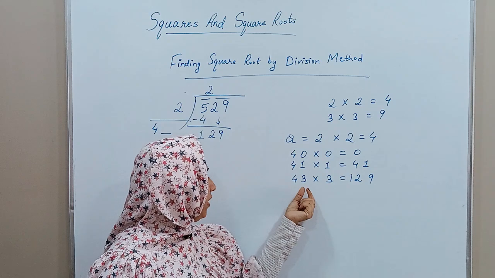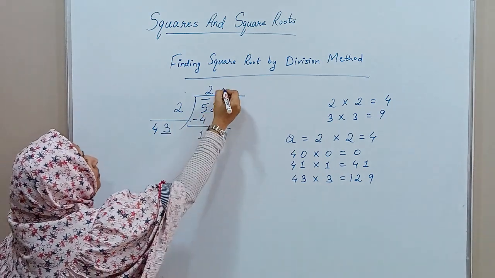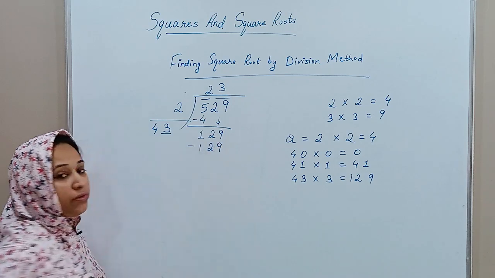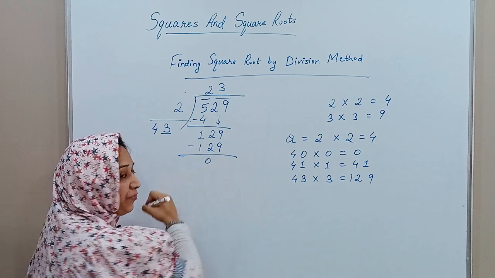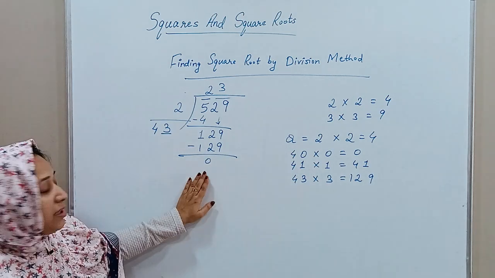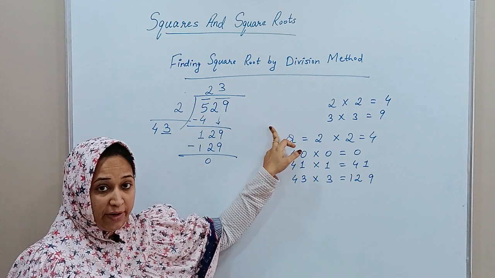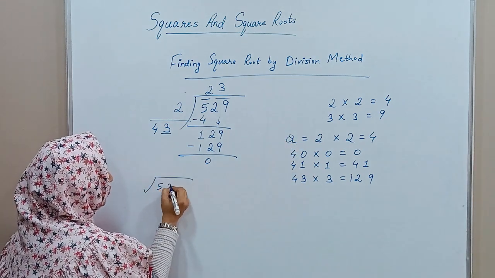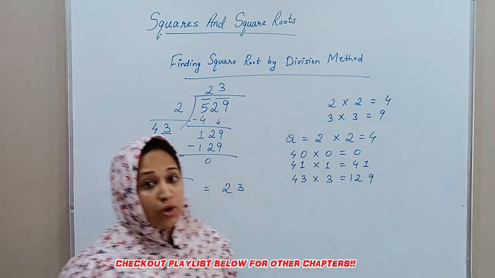So if I take 3 here, that is 43, and multiply it by 3, I get 129. 43 into 3 is 129 and the remainder will be 0, right? Since the remainder is 0, it means that 529 is a perfect square and the square root of 529 is equal to 23. This is the long division method.